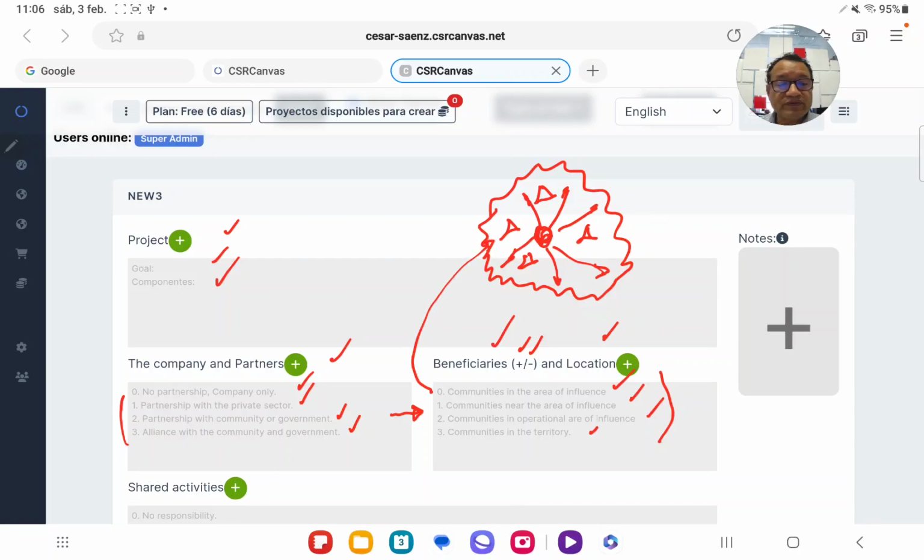The second option is communities near to the area of influence, but located outside of it. They are close to the area of influence, but they don't receive any benefit from the company.